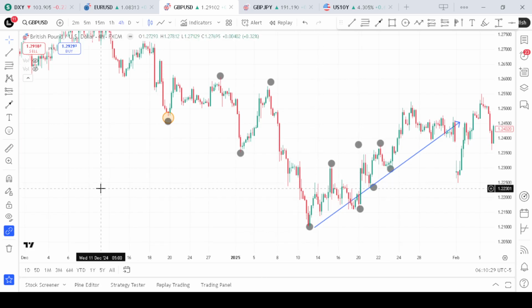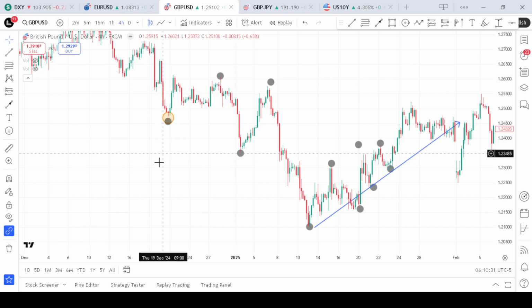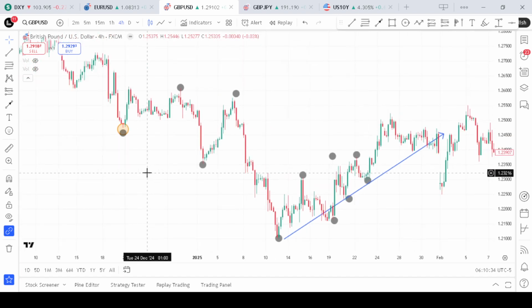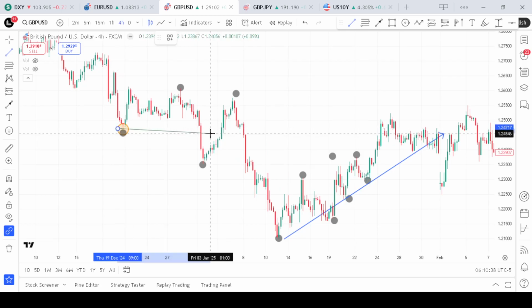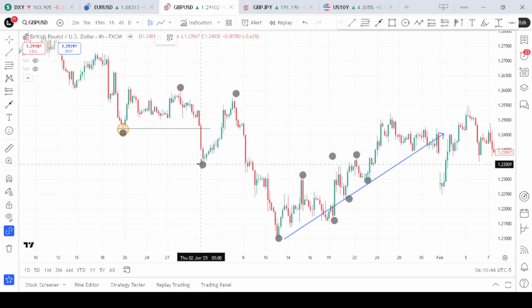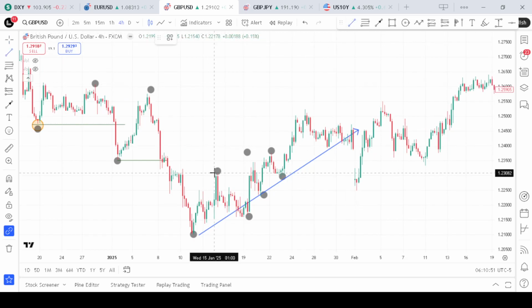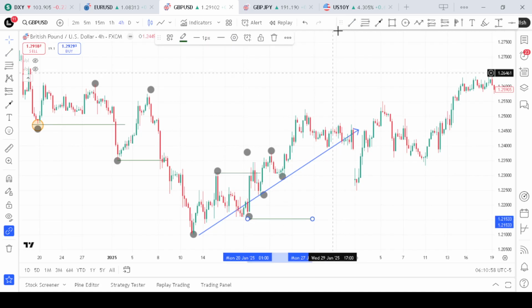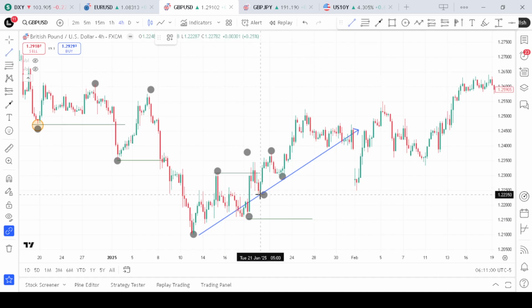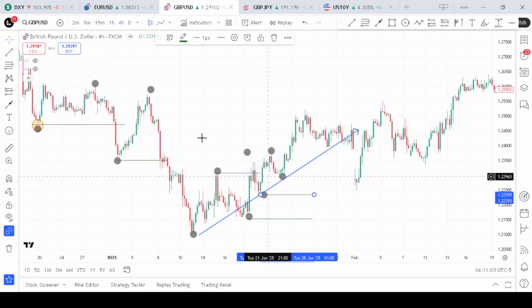We mark out this level as a potential support or resistance on the market. These are my potential swing lows and swing highs in the market. I'm just marking them out to make it easier for us to spot.